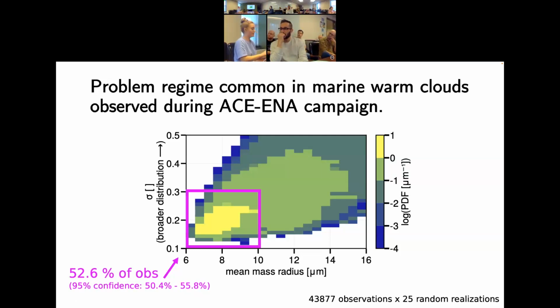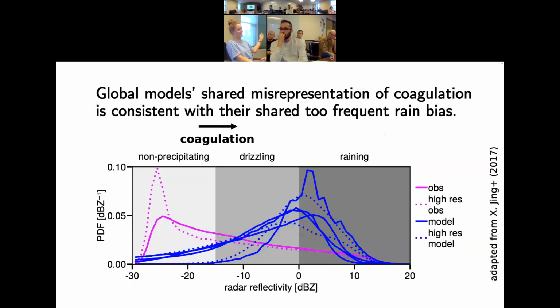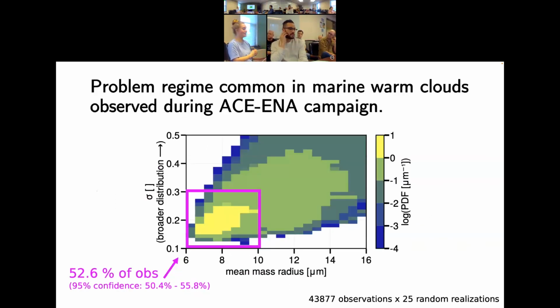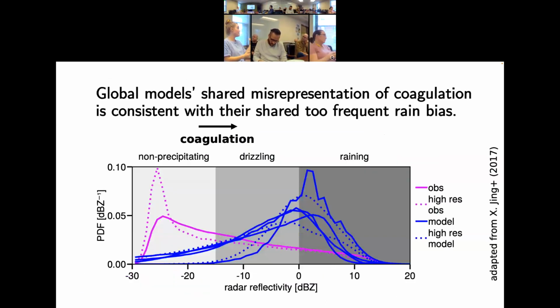Okay. So one takeaway, maybe independent of this drizzle bias, is that the parameterizations in the actual operational CMIP6 models seem to physically break down in observationally common regimes. And the behavior that comes out of this is also consistent with this potentially shared too-frequent rain bias.